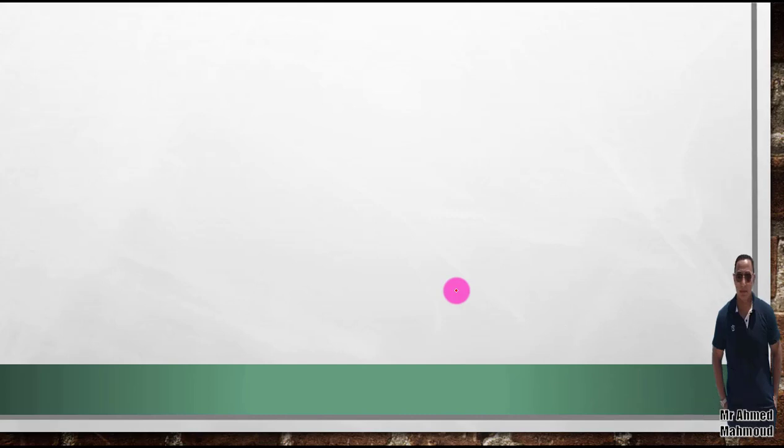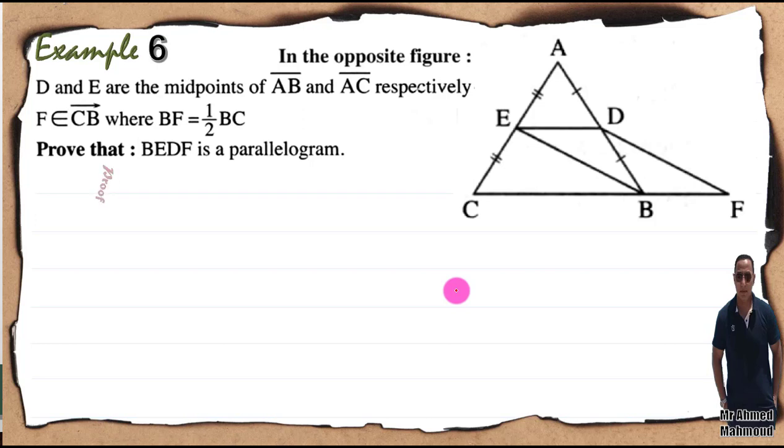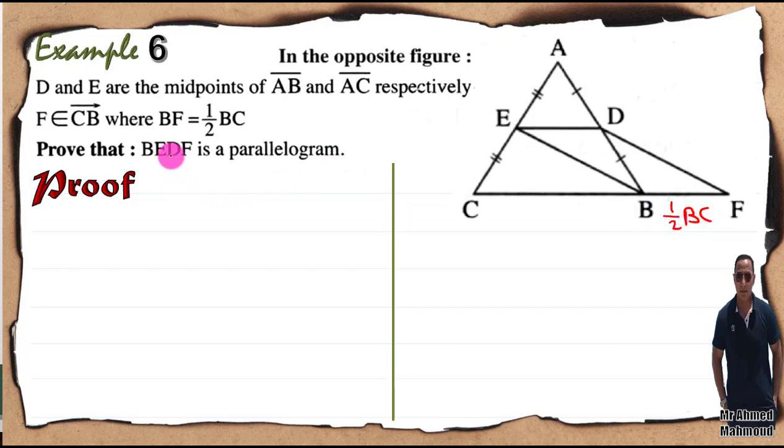Okay, now let's solve example 6. In this question, BF equal half BC. Prove that BEDF is a parallelogram.